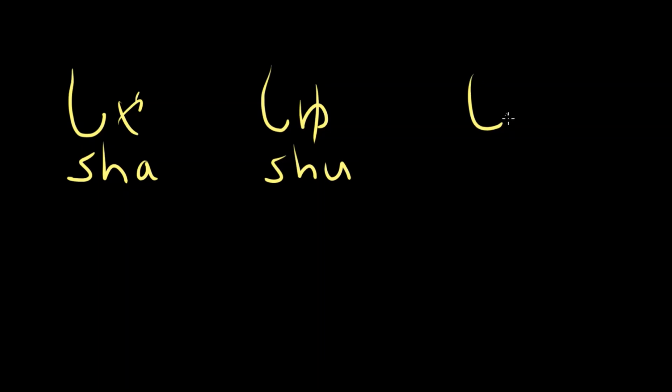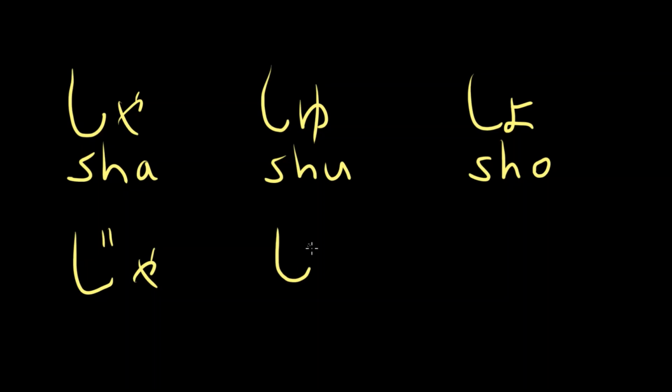It's usually written like that, sha, shu, sho. Sha, shu, sho. And likewise, we can put dakuten on them. Can you guess what they... Remember, shi goes to ji. So what do you think these go to?